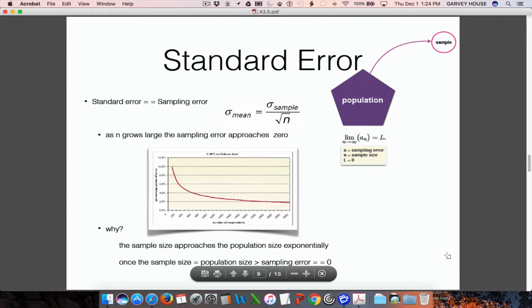So let's talk a little bit about the standard error, and this isn't something that you're going to cover in Module 3. It comes into play, I think, in Modules 5 or greater, but it is something that is an important concept for you to know right now.